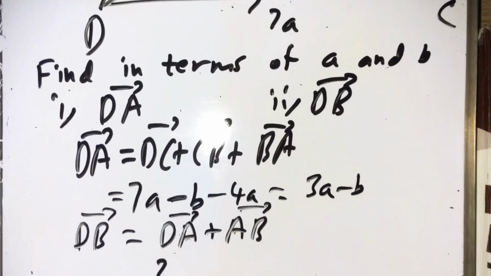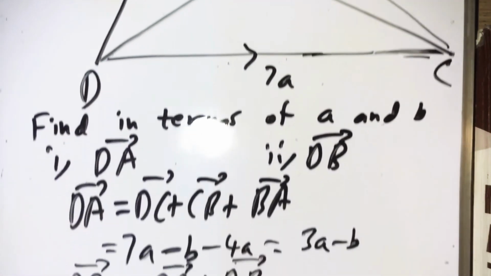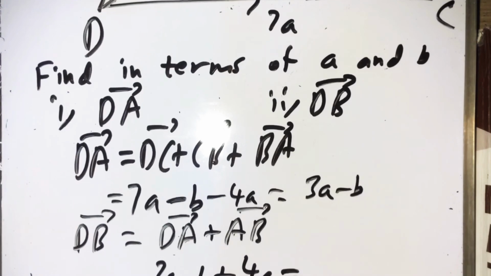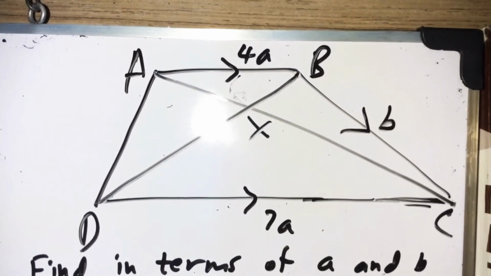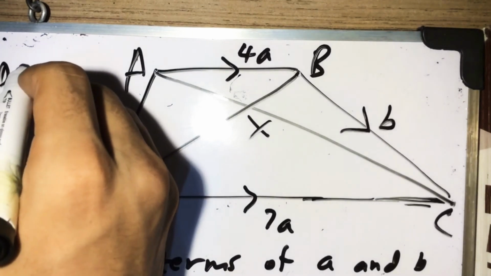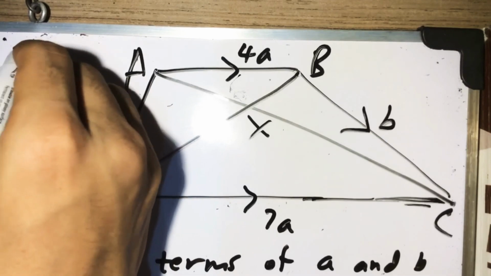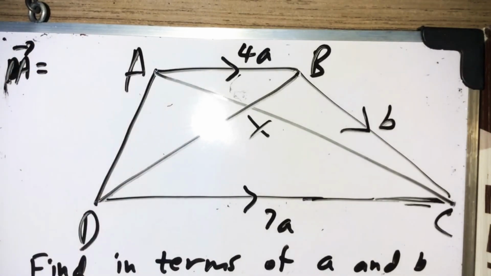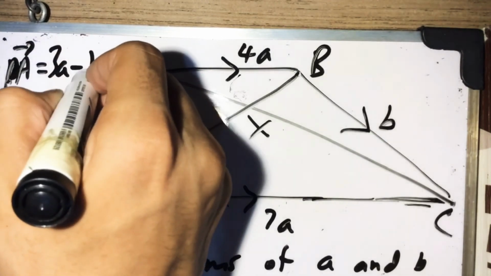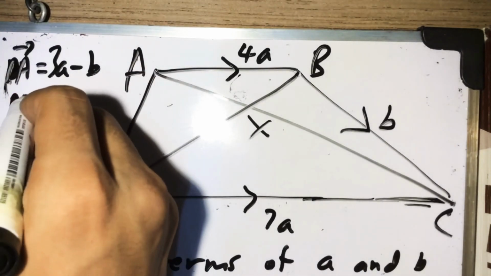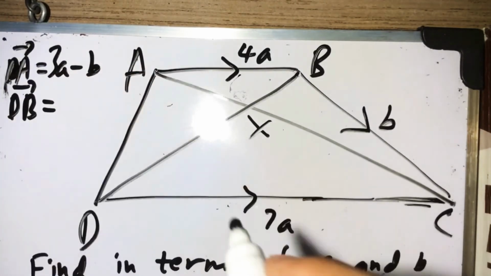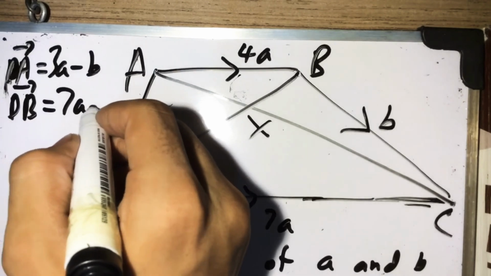DA we found as 3a minus b, and AB we have as 4a. So this equals 7a minus b. So DA equals 3a minus b, and DB equals 7a minus b.